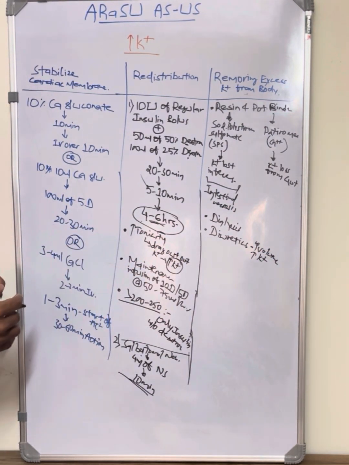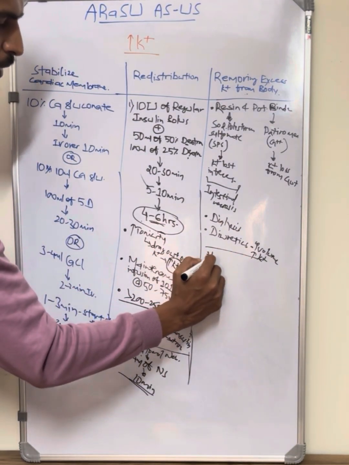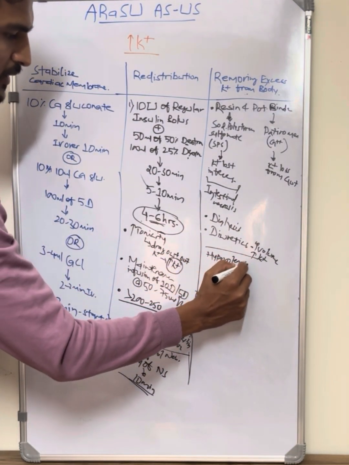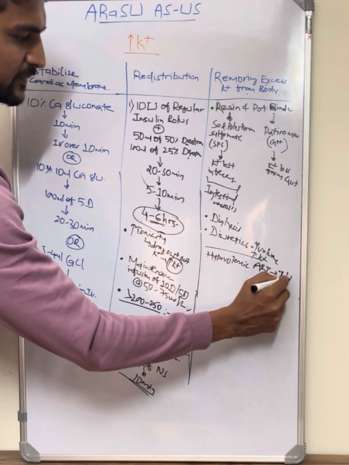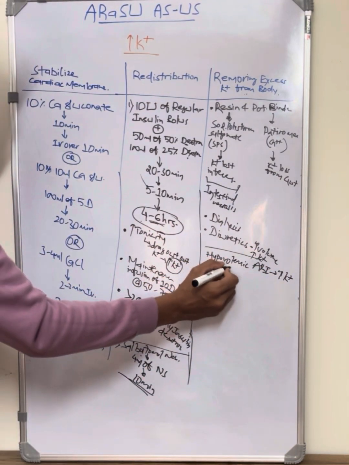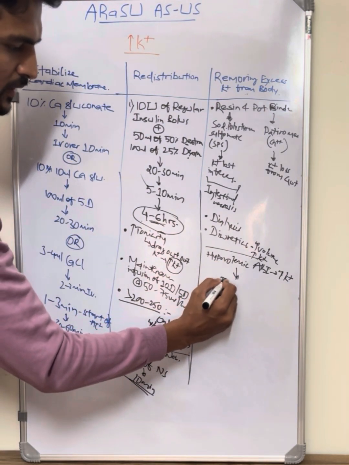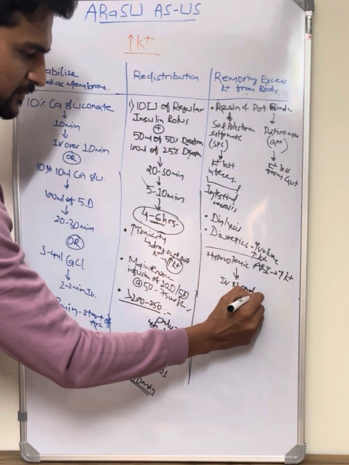And one more scenario which we see is hypovolemic AKI leading to hyperkalemia. So here we can't use diuretics. Here we have to use IV normal saline.